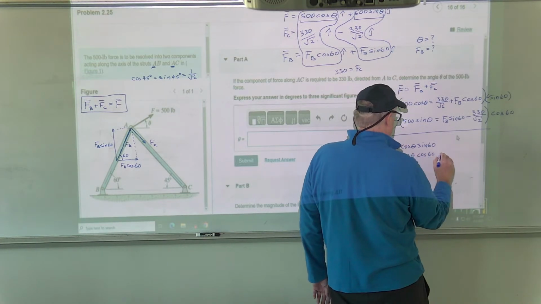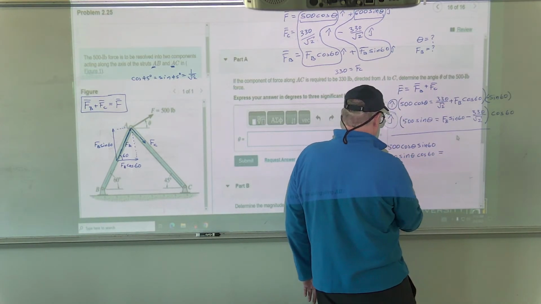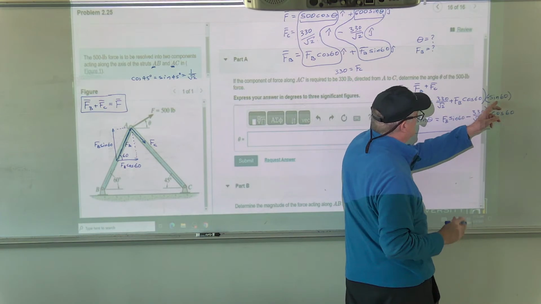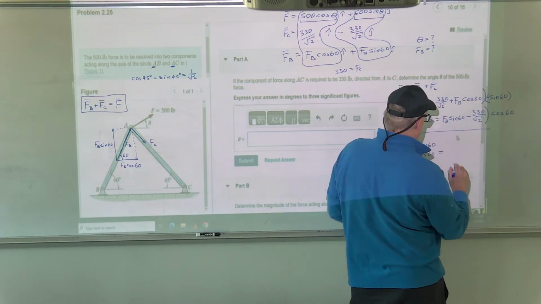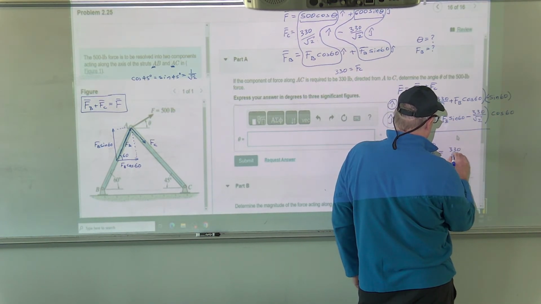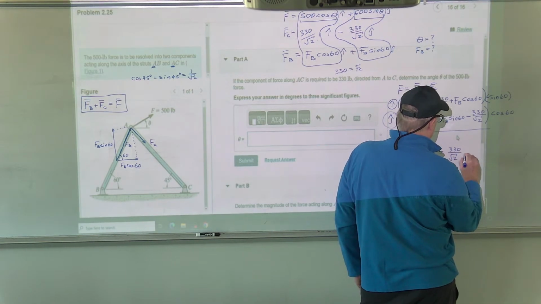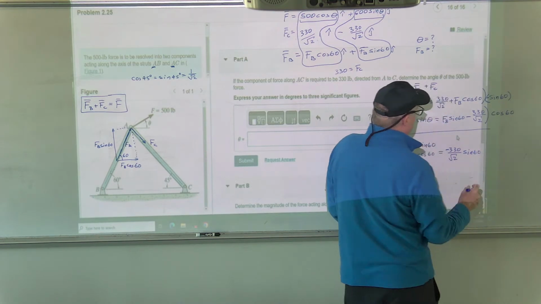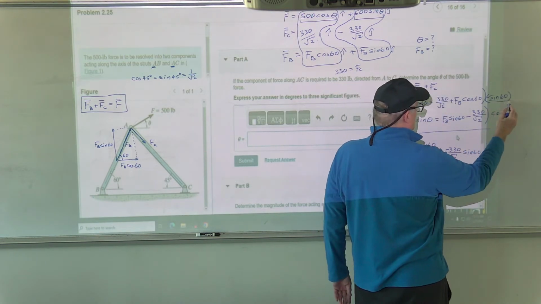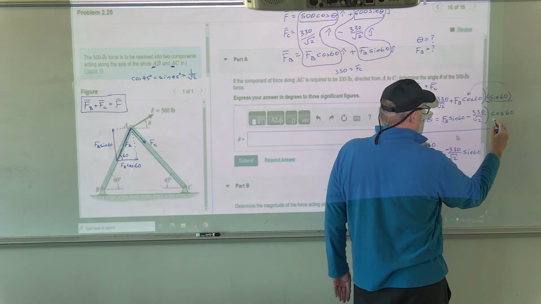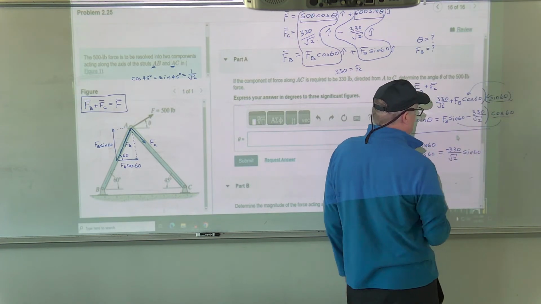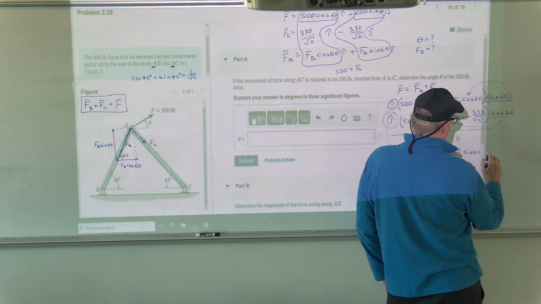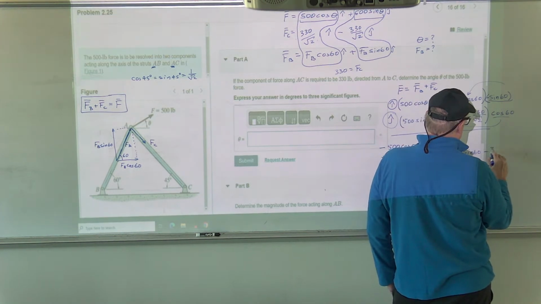Okay, so that's these two equal to, and then the right hand side, that times that, times a minus and a sine of 60. Now when I multiply this times this, and this times this, and add them together, I don't get a term.